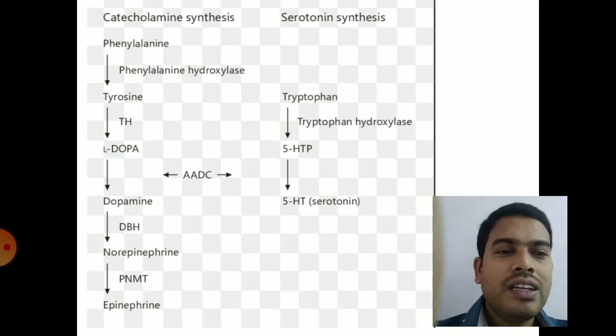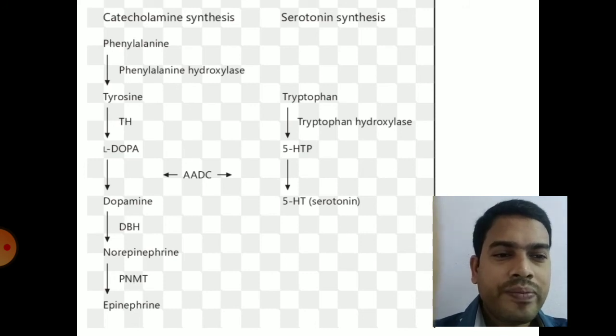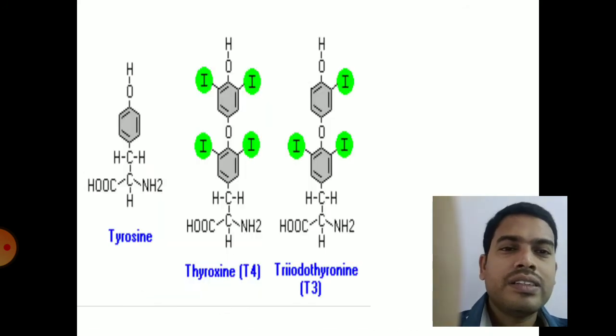Serotonin plays an important role in neurotransmission modulation, whereas melatonin plays an important role in circadian biological rhythms in humans, day and night identification, and also the menstrual cycle, all of which are maintained by melatonin.